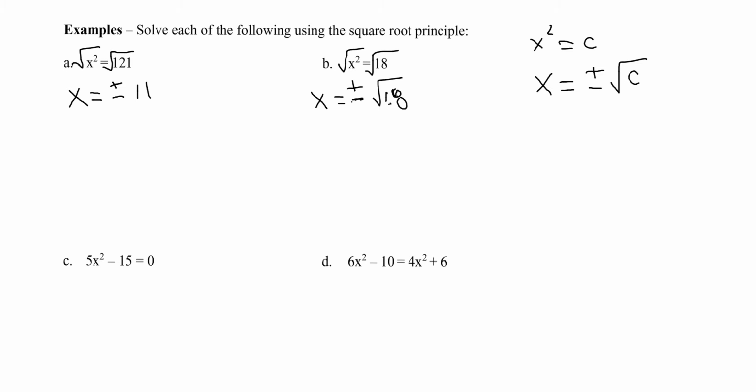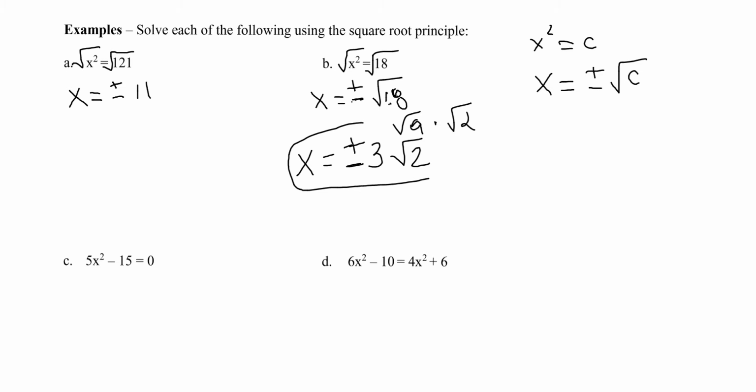If you recall, the square root of 9 times the square root of 2. So we're going to do x is equal to the positive and negative 3, since the square root of 9 is 3, times the square root of 2. So my final answer is the positive and negative 3 square root 2.